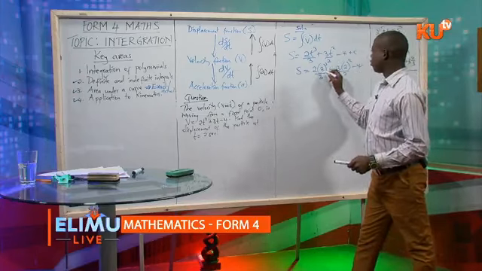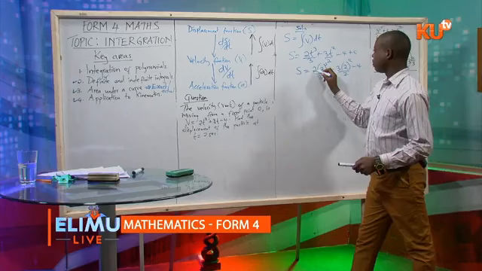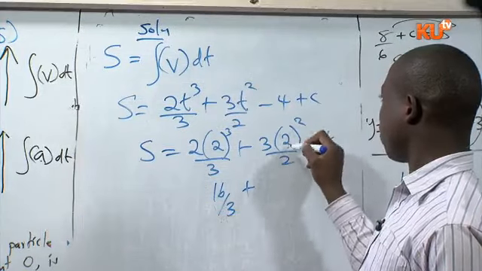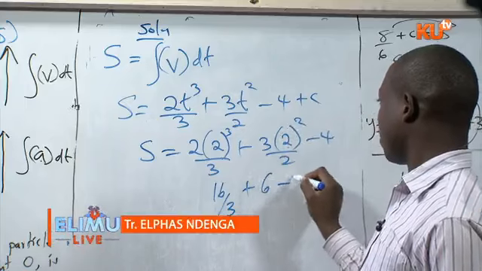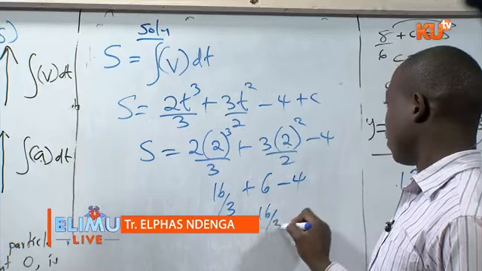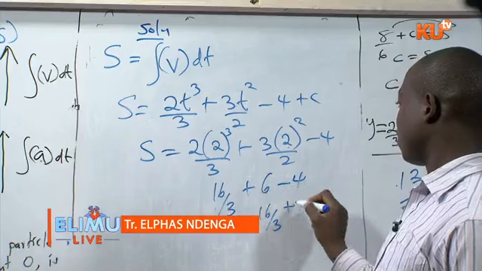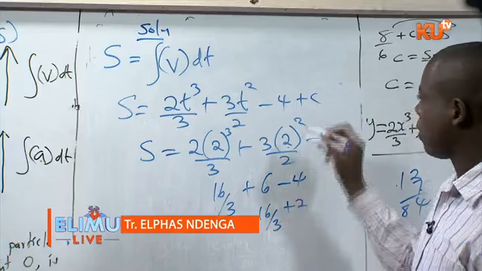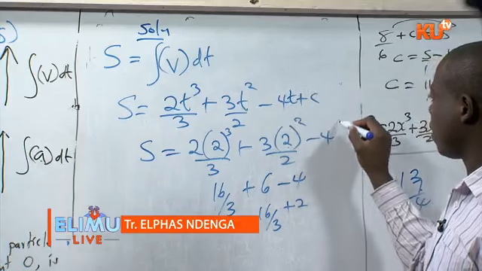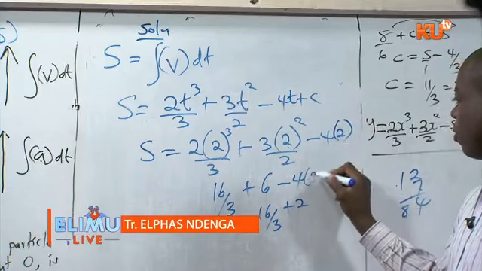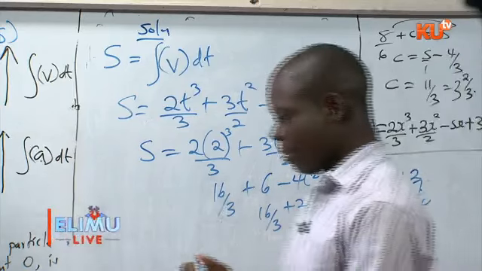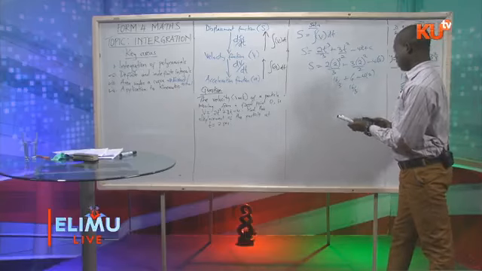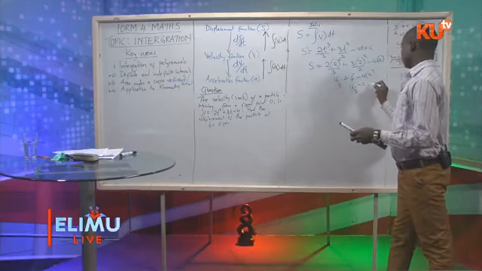So we're going to have 2 cubed, that is 8, times 2, 16 over 3, plus 3 times 4 over 2, that is 6, then minus 4 times 2, that is 8. So 6 minus 8 is negative 2.